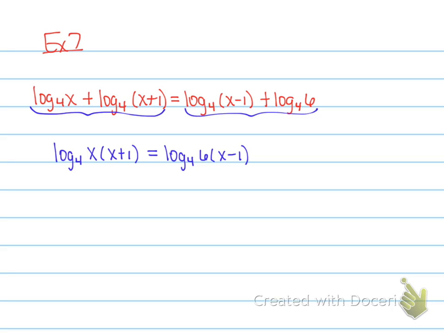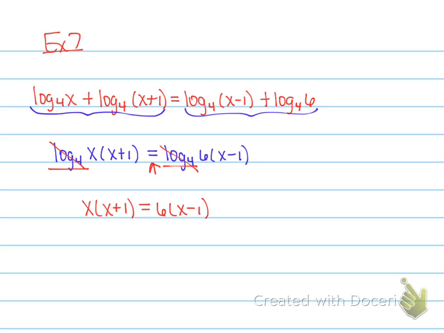Now, remember, with logarithms, we also had that one-to-one property that said if you had a log base 4 equals a log base 4, as long as they have the same base, then you can ignore them, because you already know they're equal, which means what you're taking the log base 4 of has to be equal as well. So that means x times (x plus 1) has to equal 6 times (x minus 1).